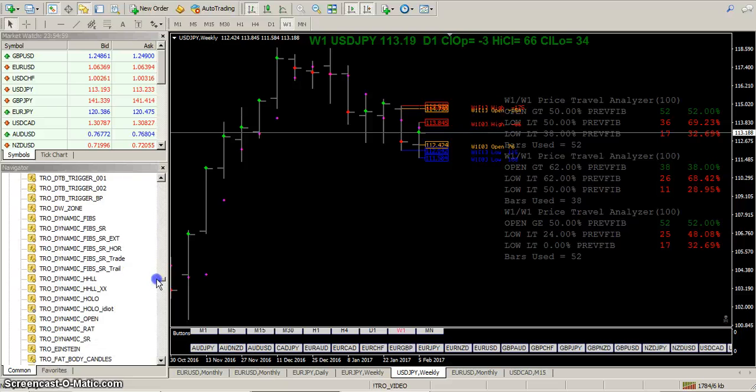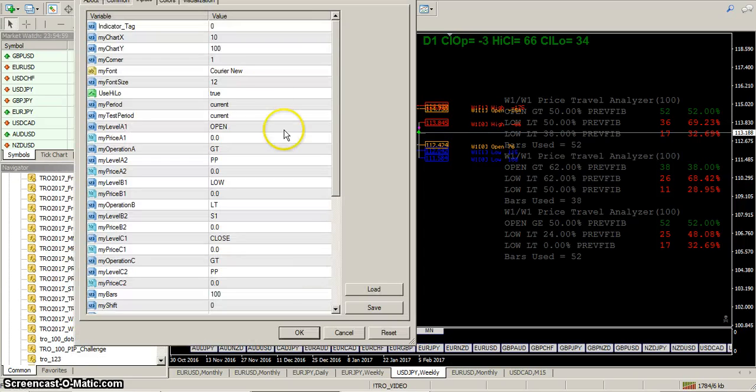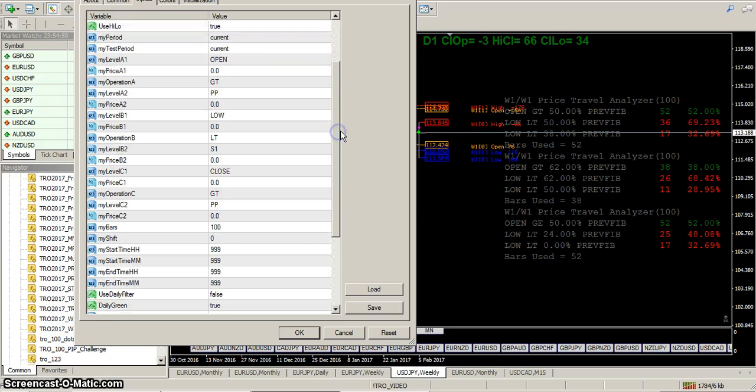Fixed price. Okay, where was it? So what we want to do, we want another travel analyzer, 0, 1, 2. So this one would be 3, 100, 200, 300. We'll put this at level 400.